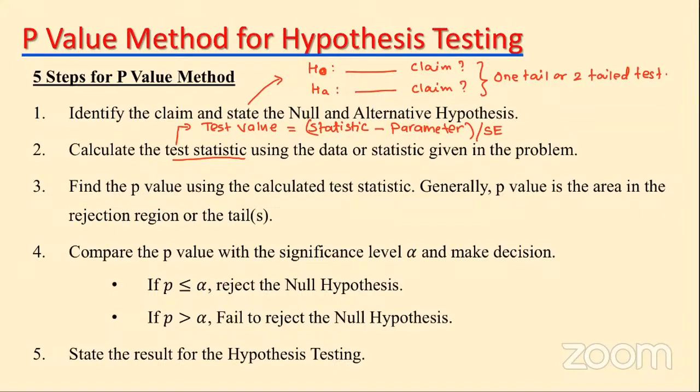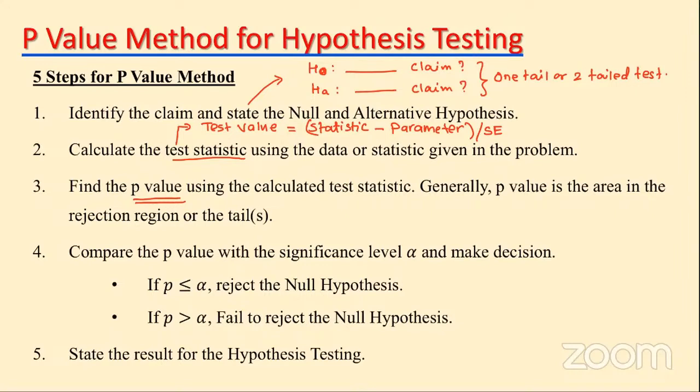Then once we have the test value, the next thing we have to do is find the p-value, because this is the p-value method. To find the p-value, we'll be using a calculator. Remember, the p-value is the area in the rejection region or the tails. Once we decide in the first step whether it is a two-tail or one-tail test, we know where that region is, left tail or right tail.